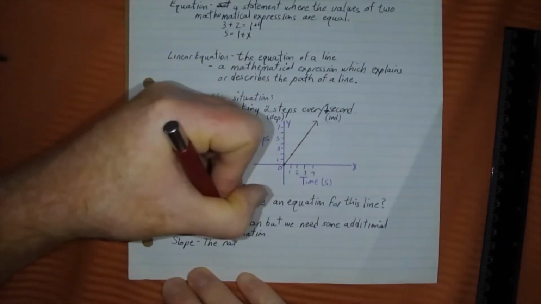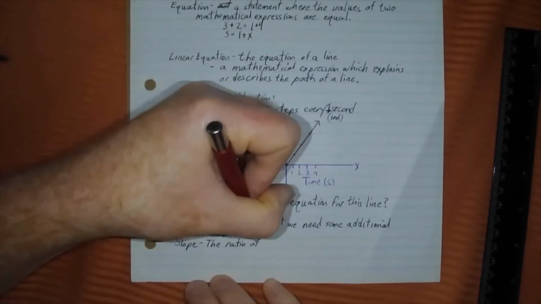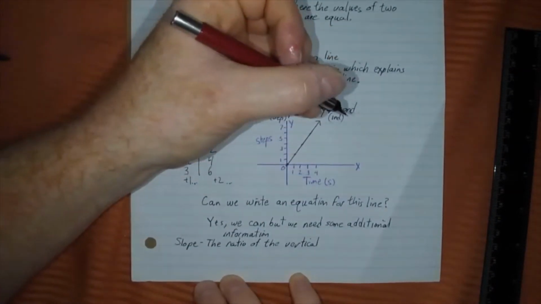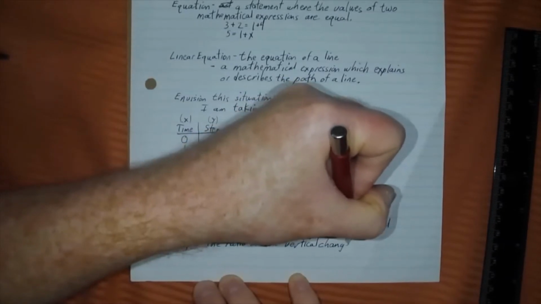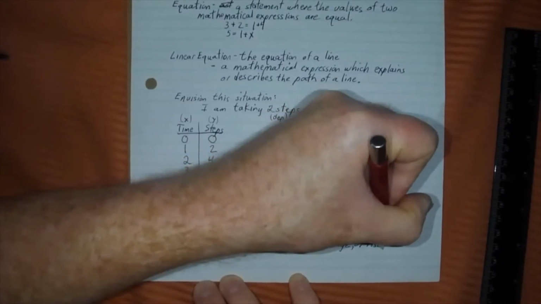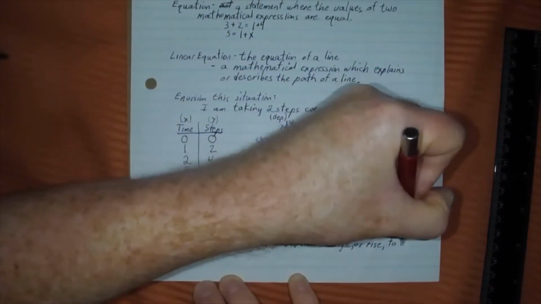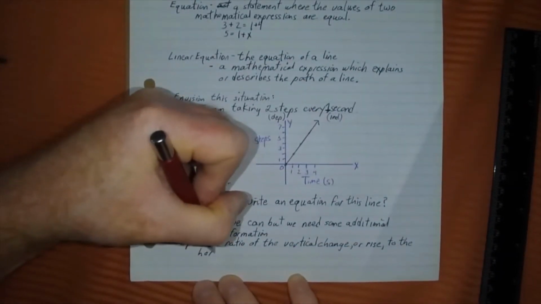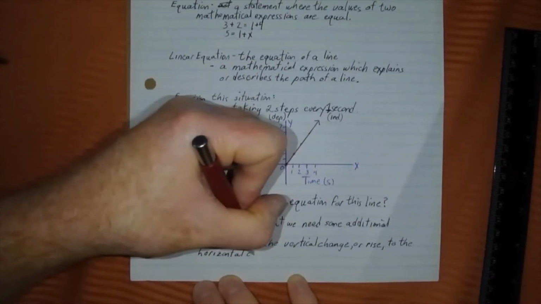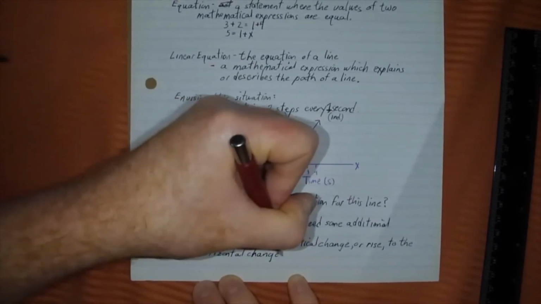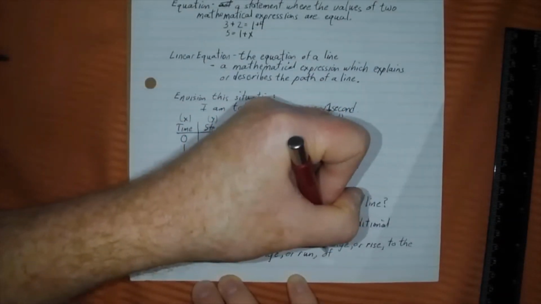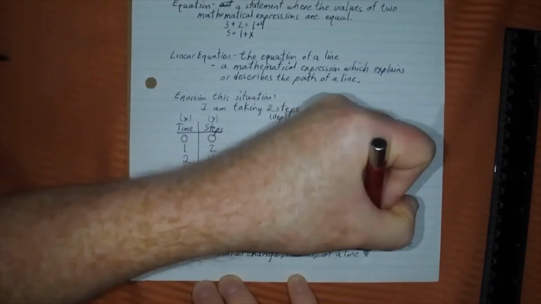The ratio of the vertical change, or rise, to the horizontal change, or run, of a line segment.